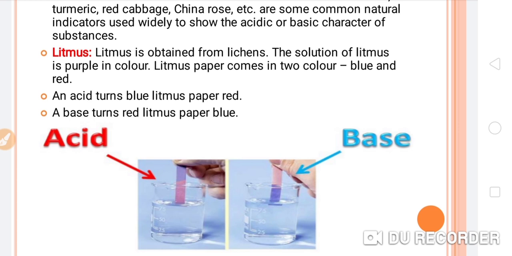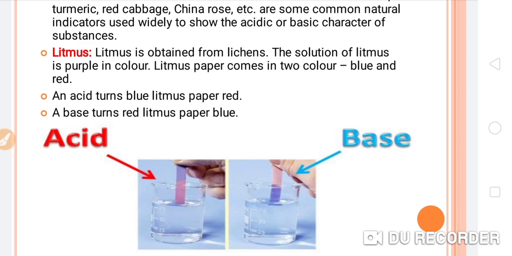If we have an acidic solution and you use red litmus paper in that solution, definitely its color will not change. But if you treat this solution with blue litmus paper, its color will definitely change into red, meaning this is the acidic solution.